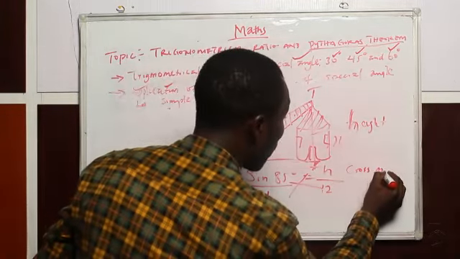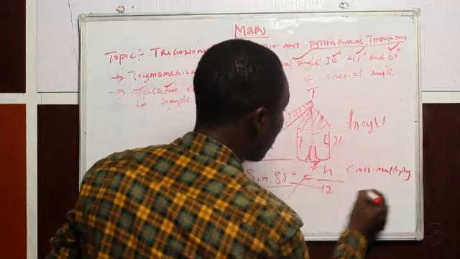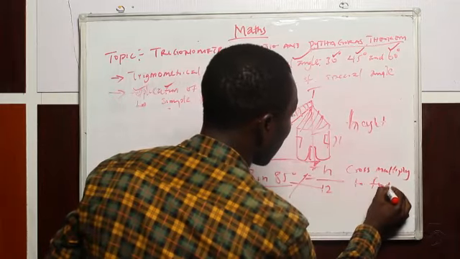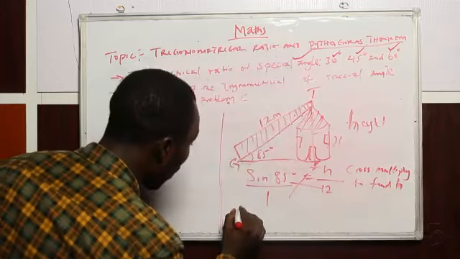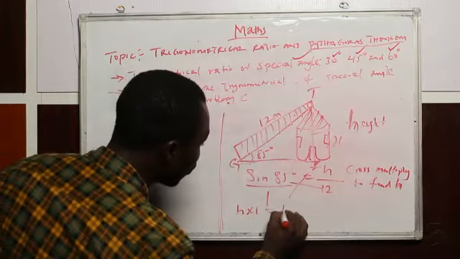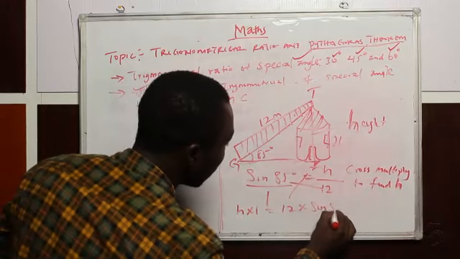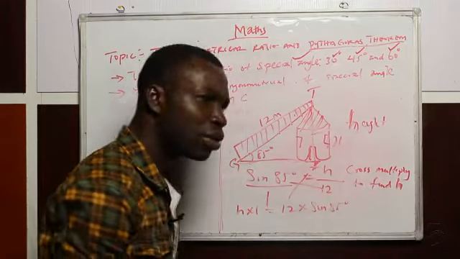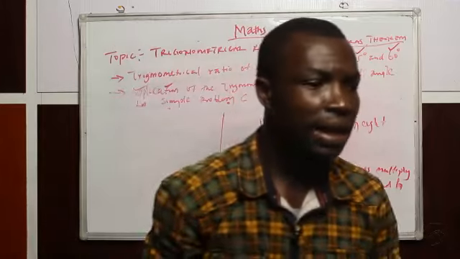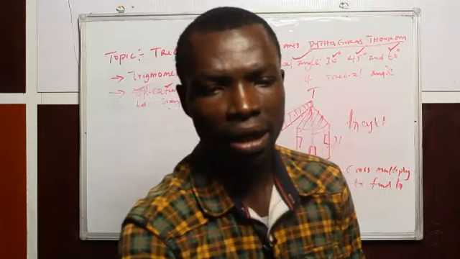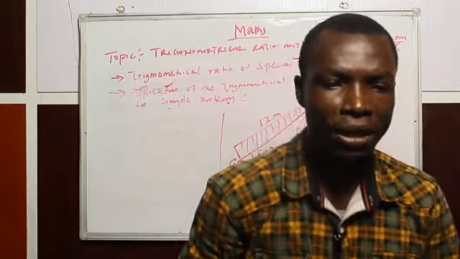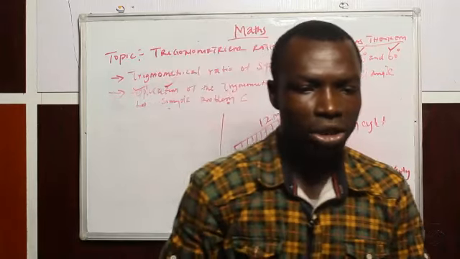Cross multiply to find height h. Therefore, h times 1 is equal to 12 times sine 85 degrees. I'd like you to use your calculator, find sine 85 degrees, and check it very well.